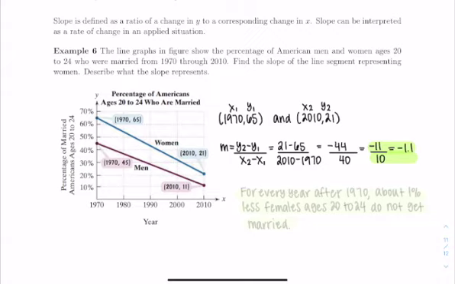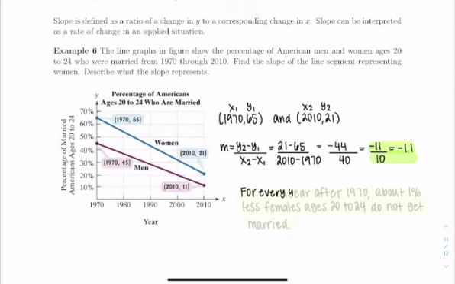And so since our slope is about a negative 1, this is telling me that for every year after 1970, when this experiment started, about 1% less females aged 20 to 24 get married between 20 and 24 years old. So let's go ahead and write that down.